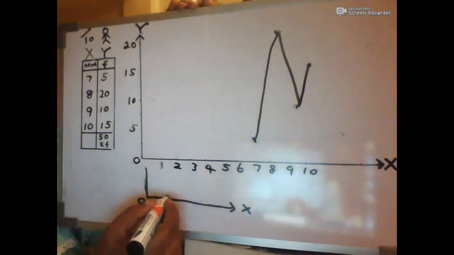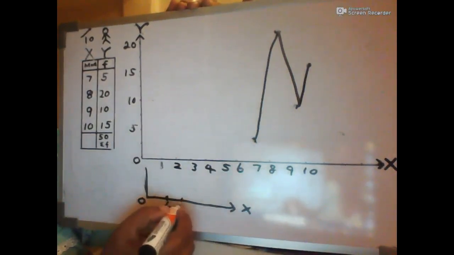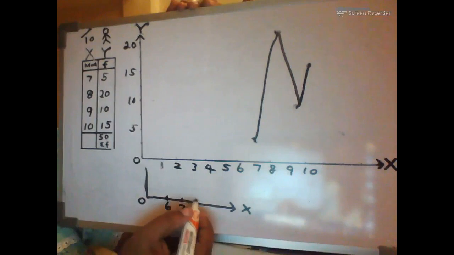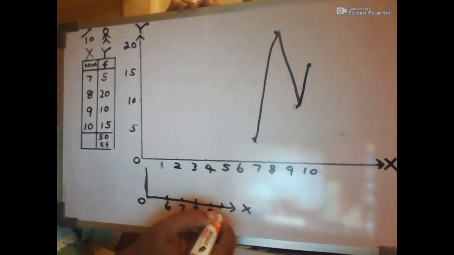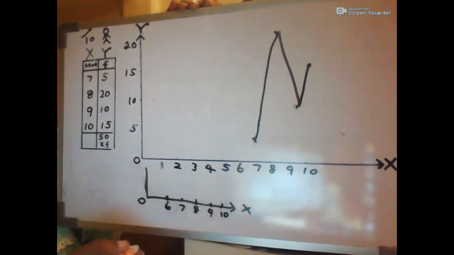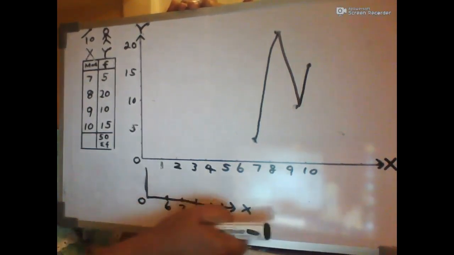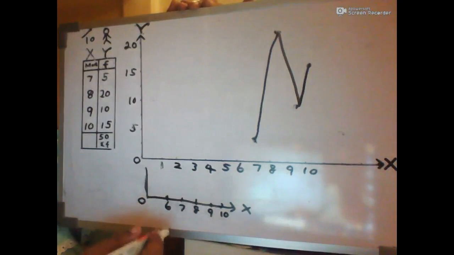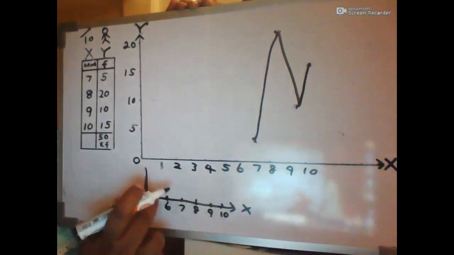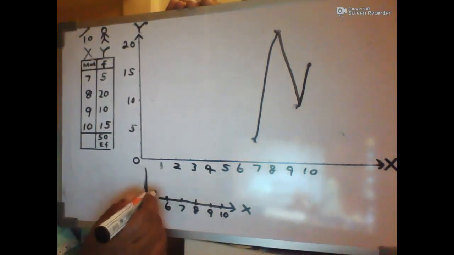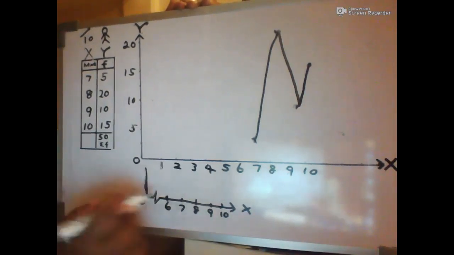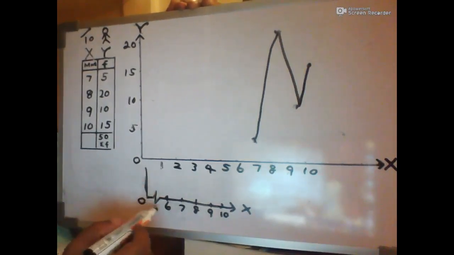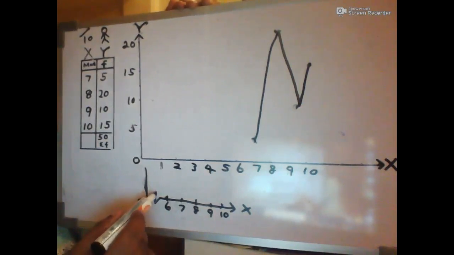We'll say 6, 7, 8, 9, 10. Right? Now we have shortened the axis. To indicate that we have shortened the axis, we are using a scallop kind of a thing, right here.